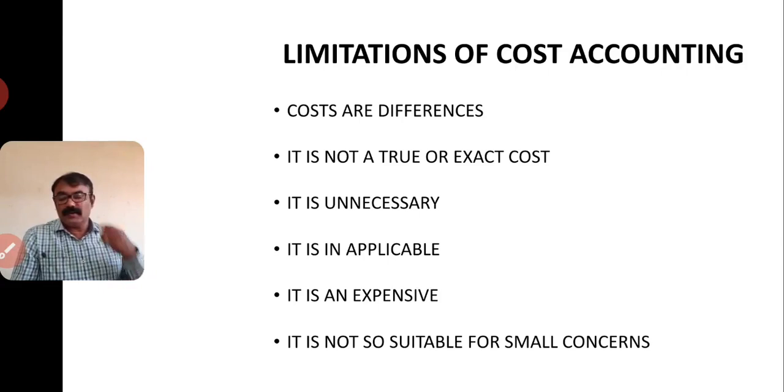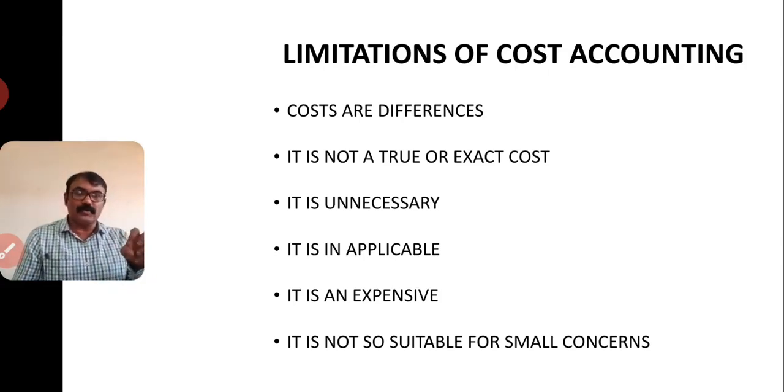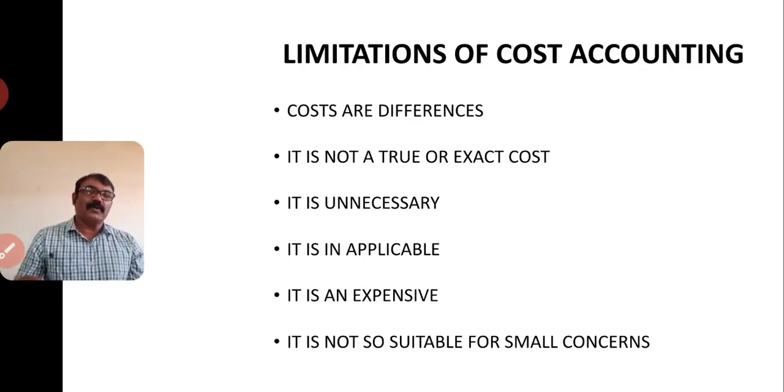And use of different methods of absorbing the overheads. Overheads will be absorbed differently in cost accounting. Similarly, I think you have understood this. Costs are different, and it is not a true or exact cost. Why? Because the cost assessment by the cost accountant is not true or exact, as the cost statements are mainly on the basis of estimation or omission of certain items of income and expenses.